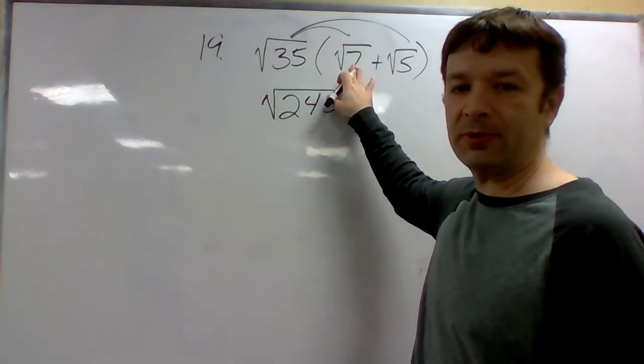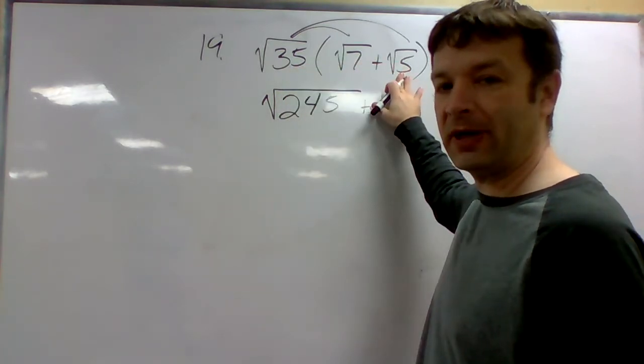Okay, you can multiply a square root times a square root, it's just a square root. And 35 times 5.